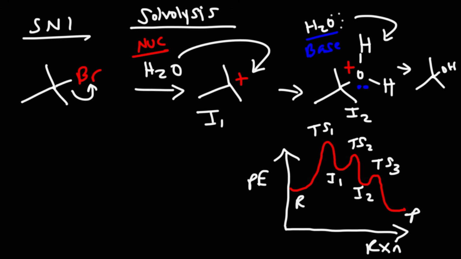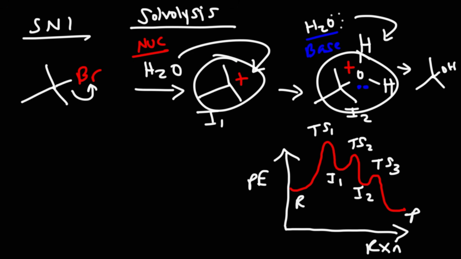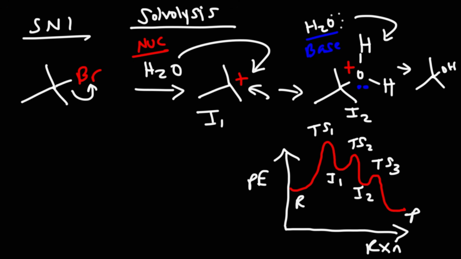Even though oxygen is more electronegative than carbon, and it doesn't want to have the positive charge, intermediate 2 obeys the octet rule, whereas intermediate 1 does not. We have an empty p orbital. Carbon doesn't have 8 electrons, it has 6, or 3 bonds. So that's why intermediate 2 is slightly more stable than intermediate 1, so it's lower in energy in the energy diagram.